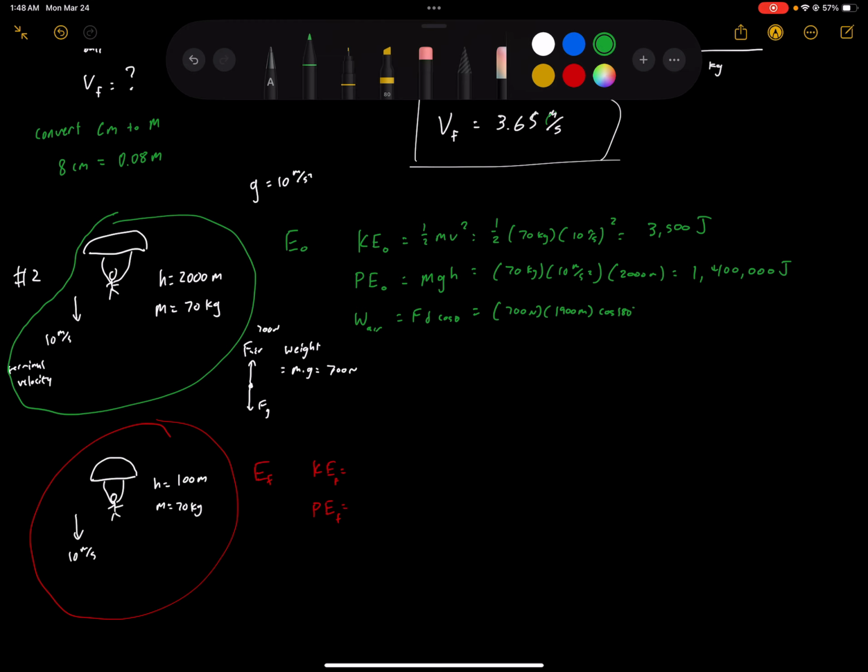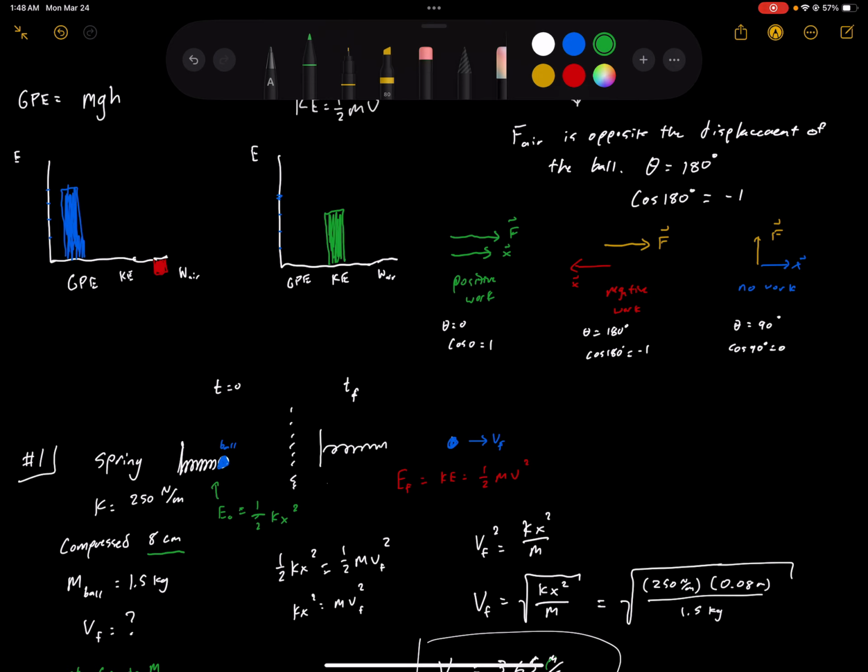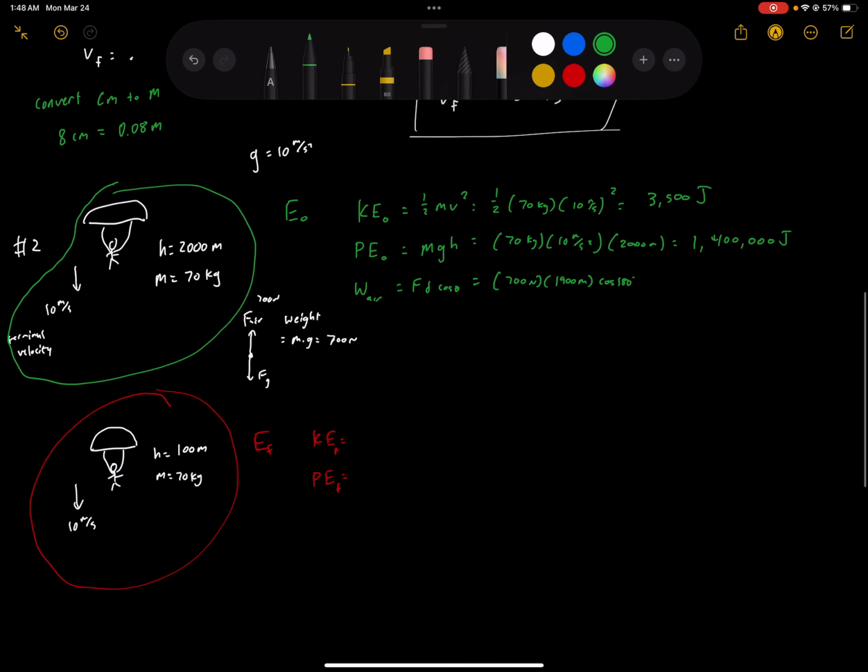Why is it cosine 180? Well, the air resistance is going up. The displacement, he's displacing downward. And going back to our previous example emphasizing negative work, if they're in opposite directions, the work done is going to be negative, right? So there's negative work done by friction.